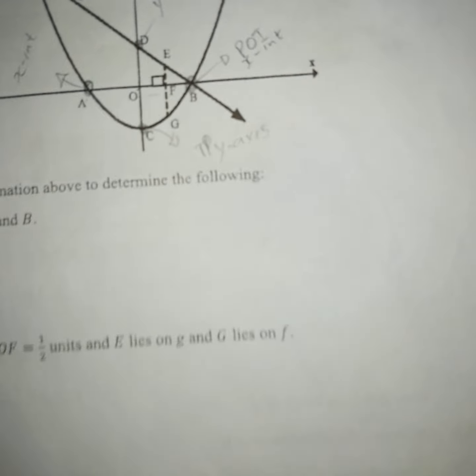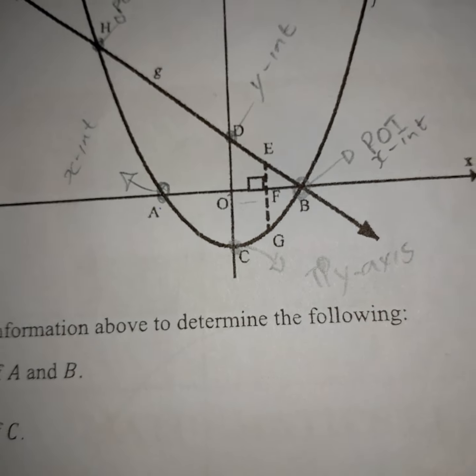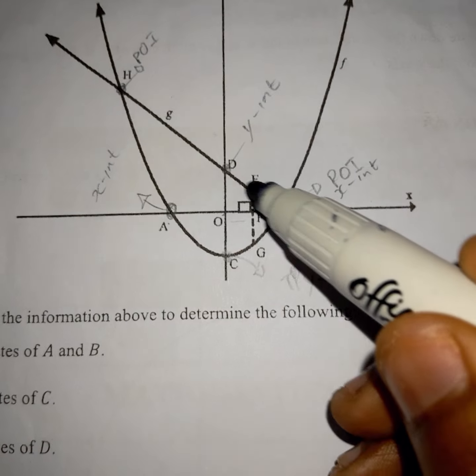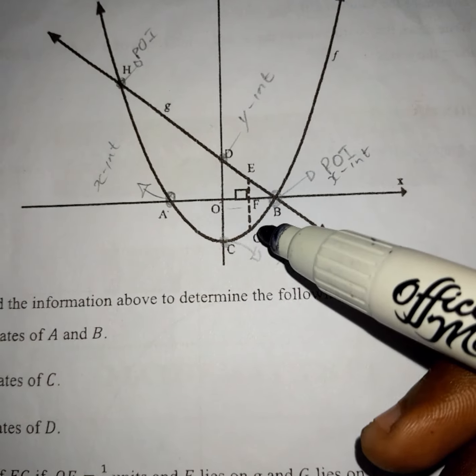Now remember, by virtue of this dotted line, you can see that G and E have the same x value, or x coordinate. What's different here is only the y value, because they're on two separate graphs.